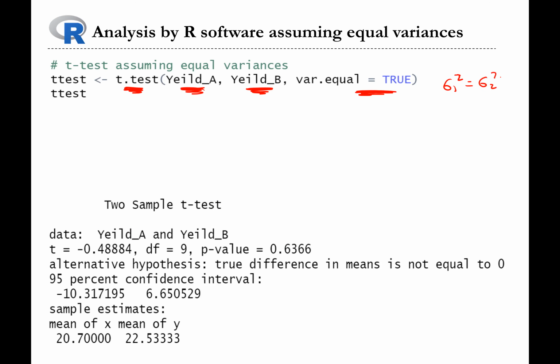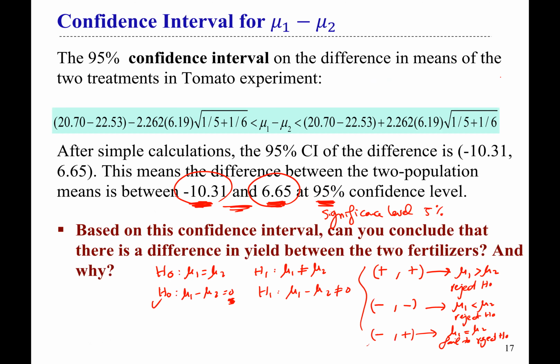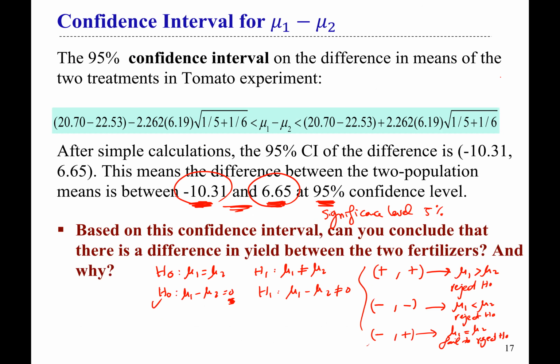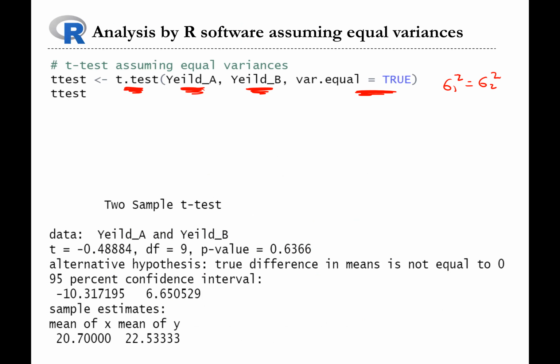This assumption is very important. So we need to give the t.test function the assumption about sigma 1 square and sigma 2 square. They are equal or they are not equal. We still work with this case that they are equal. This one, sigma 1 square equals sigma 2 square. So when I gave the R function that assumption, it gave me the same results we got by hand.